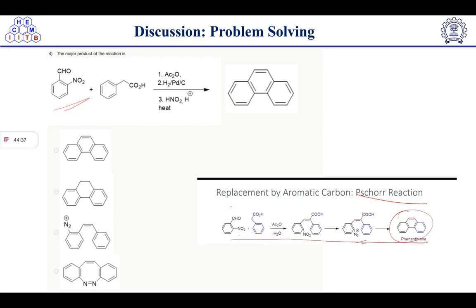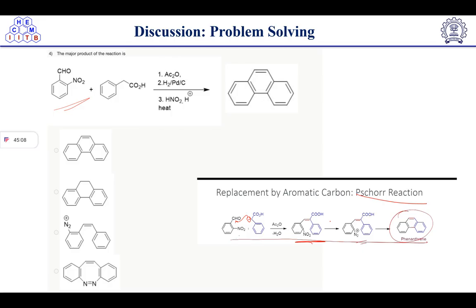So it will abstract the proton from here. Negative charge will generate. It will attack on the carbonyl carbon of the aldehyde, and this is the aldol type reaction. Okay, aldol type reaction will take place, and aldol condensation. So a double bond will come here with condensation. Go and check the week 1 class. You will get this mechanism.